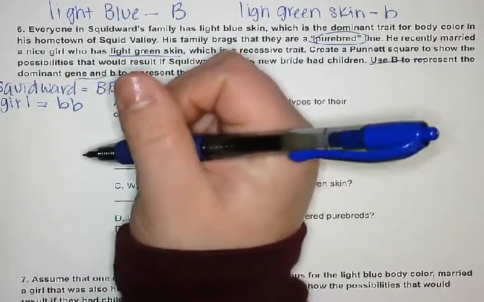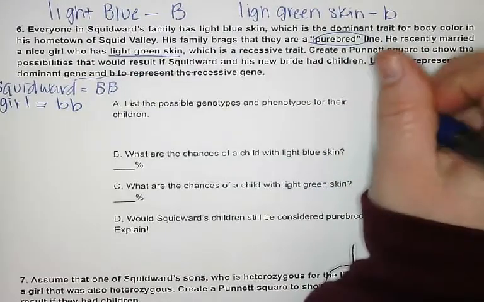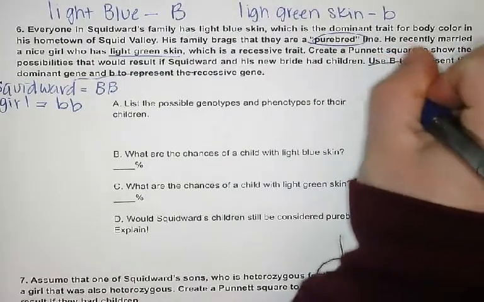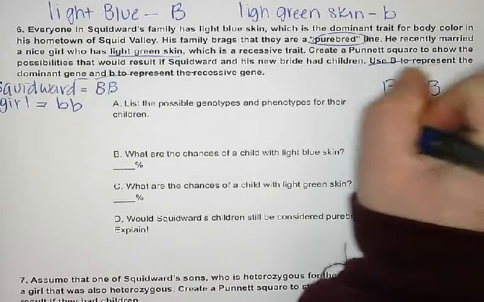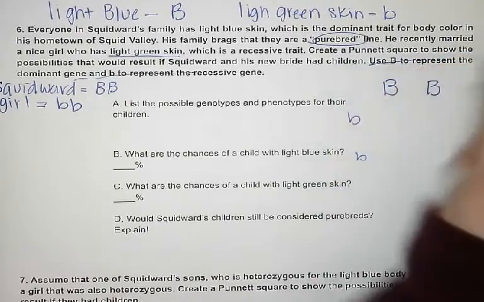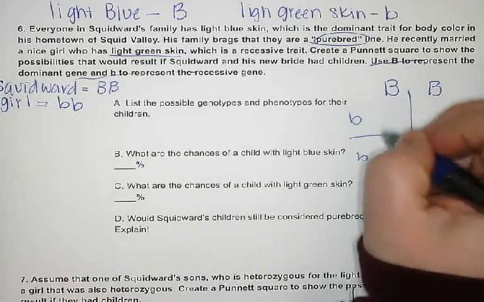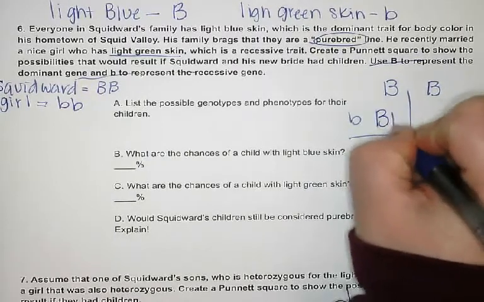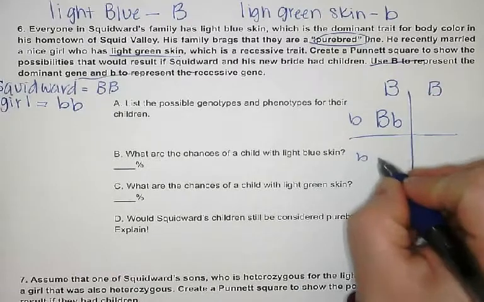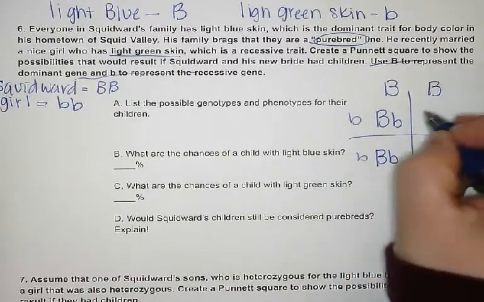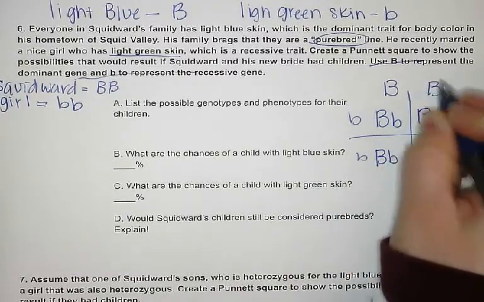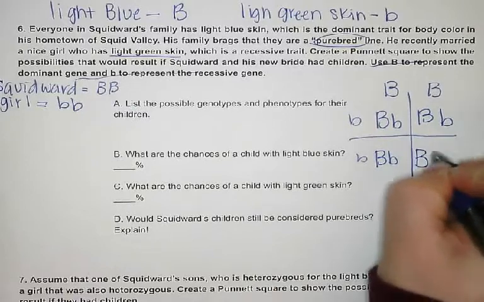Okay. Now I'm going to do my Punnett square. Dad is big B, big B, mom is little b, little b. Bring dad down. Big B, little b.